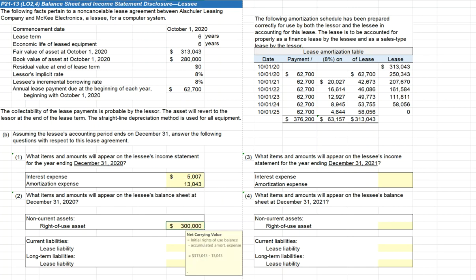Our non-current right of use asset will be the initial $313,000 minus the first 3 months of amortization. Our current lease liability will be the principal portion of the 2021 lease payment plus our accrued interest that we booked at the end of 2020.